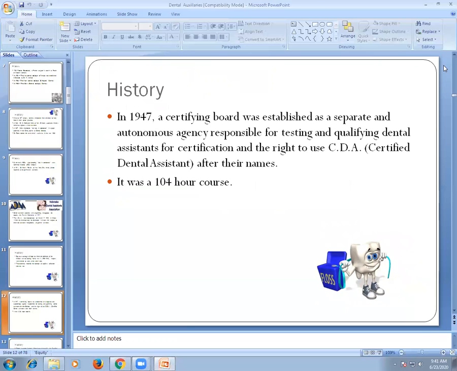In 1947, a certifying board was established as a separate and autonomous agency responsible for testing and qualifying dental assistants, with the right to use CDA after their name, and it was a 104 hours course.